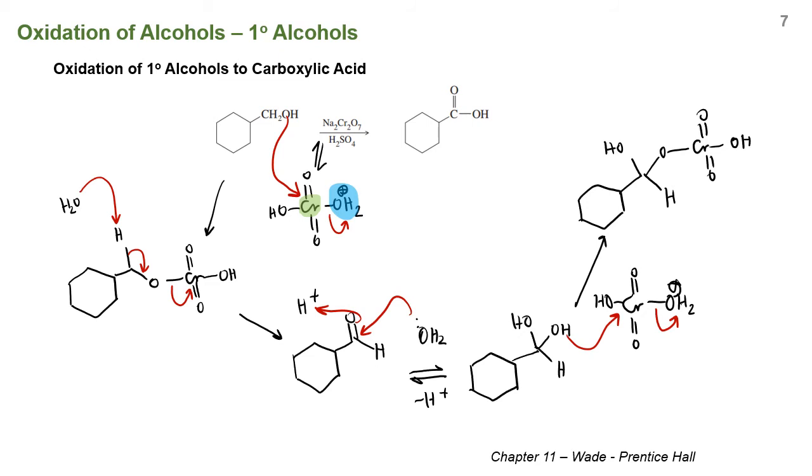After that you can kick out the chromate species by a similar mechanism, right? And when you remove the proton like this, at the end you will generate the carboxylic acid, kicking out the chromium 4.